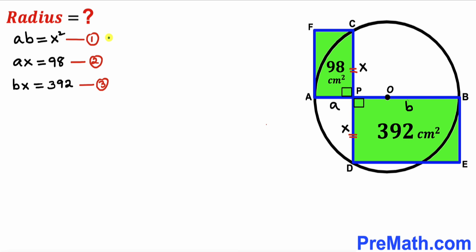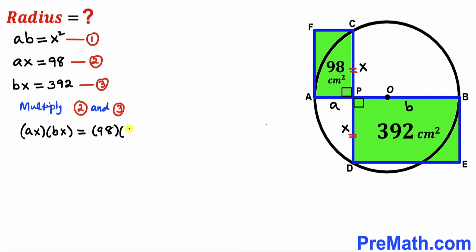So we end up with a system of these 3 equations, and now we are going to solve for lowercase a and lowercase b values. Now we are going to multiply equation 2 and equation 3. So we can write a times x and then times b times x equals 98 times 392.